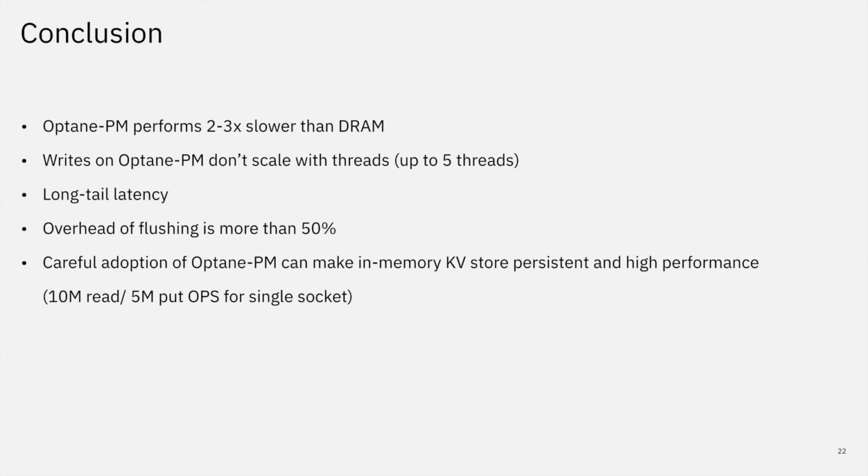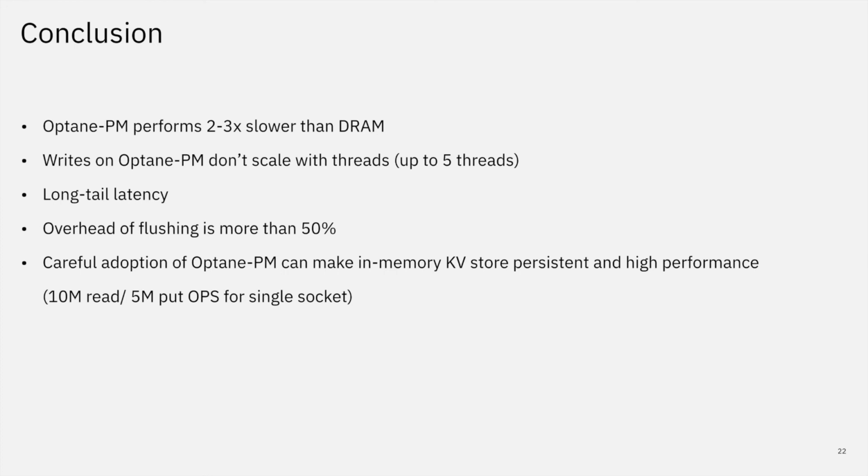We also find that writes on Optane PM don't scale with threads. Our experiment shows it scales up to 5 threads. And using Optane PM doesn't avoid the problems of long tail latency. We also find that the overhead of flushing cache lines and crash consistency is more than 50%.